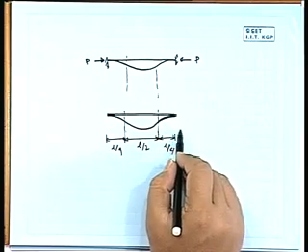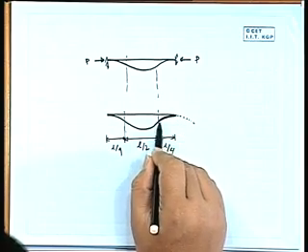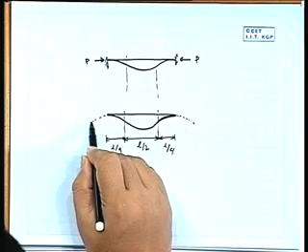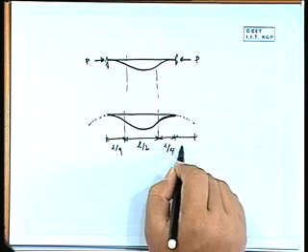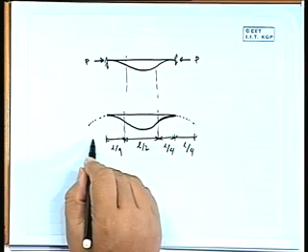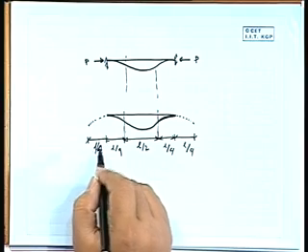Now if we put a mirror here, so at a distance of another say L by 4, L by 4.